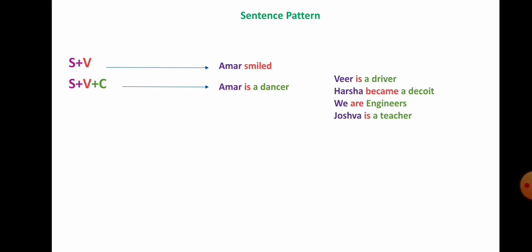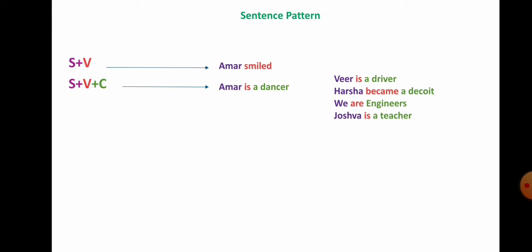Let's see some more examples. Veer is a driver. Harsha became a dacoit. We are engineers. Joshua is a teacher. Here, Veer and driver refer to the same person. Harsha and dacoit refer to the same person.